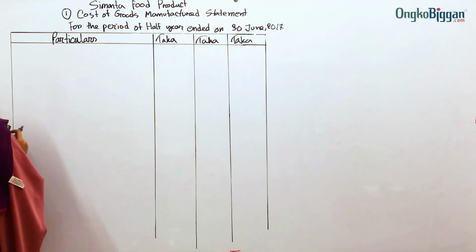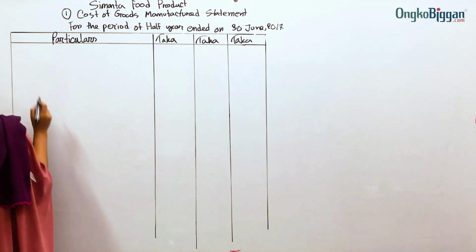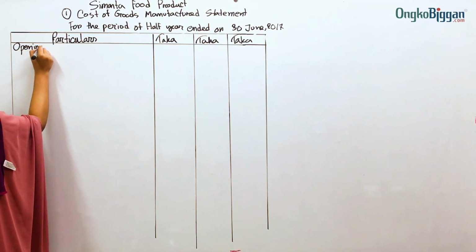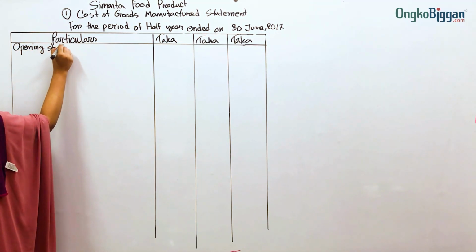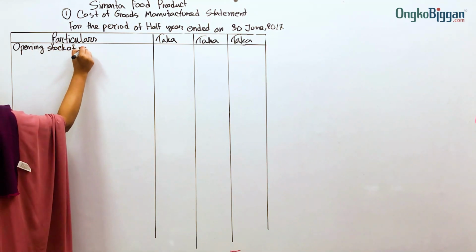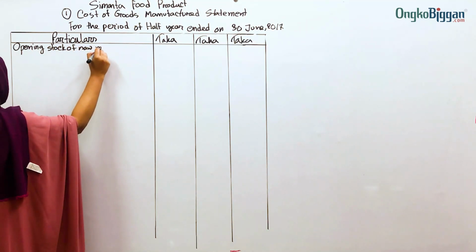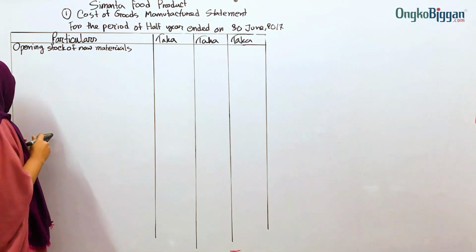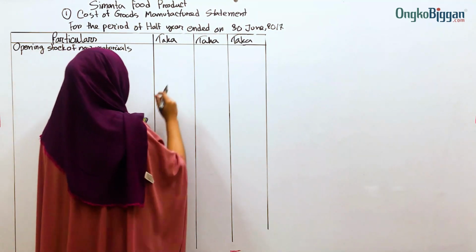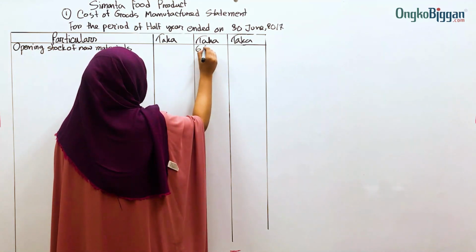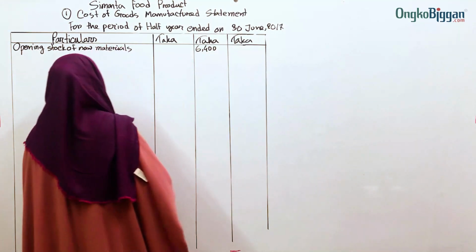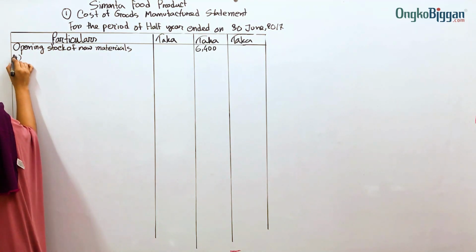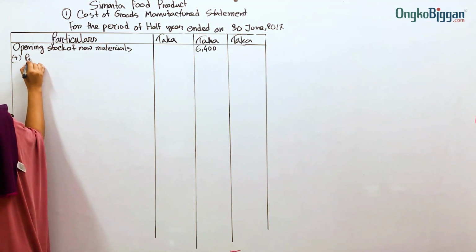Okay. So first I will write the opening stock of raw materials according to the formula. Opening stock of raw materials is 6,400. Okay. With that, I'm gonna add all my purchase of raw materials.